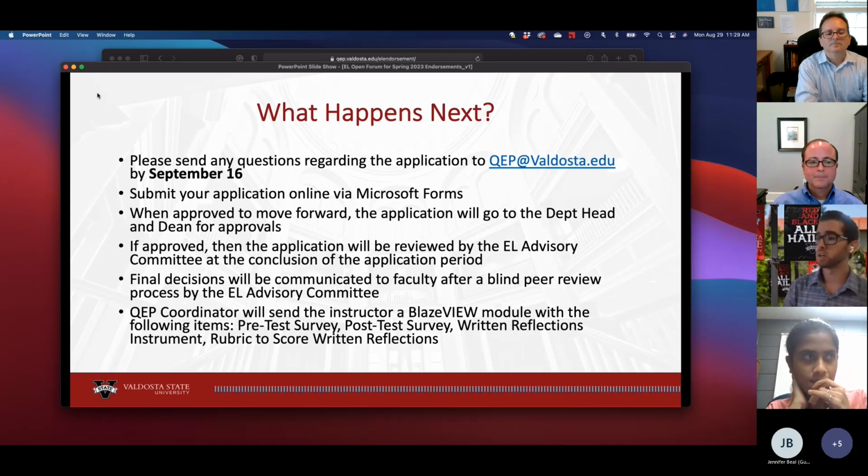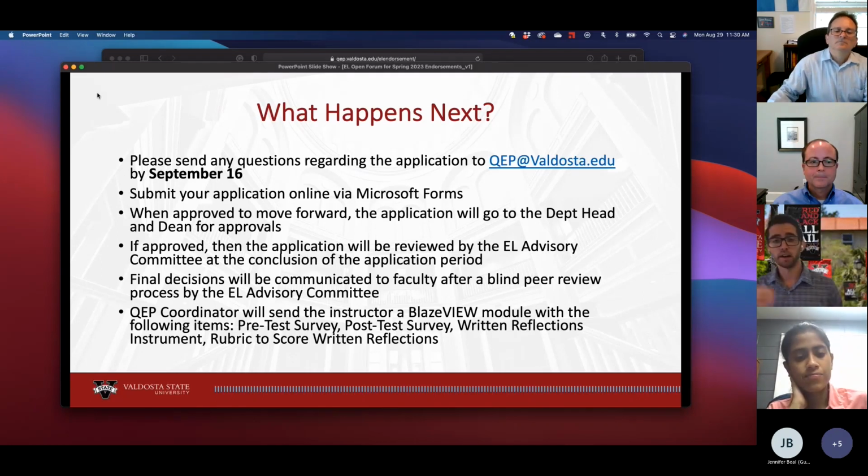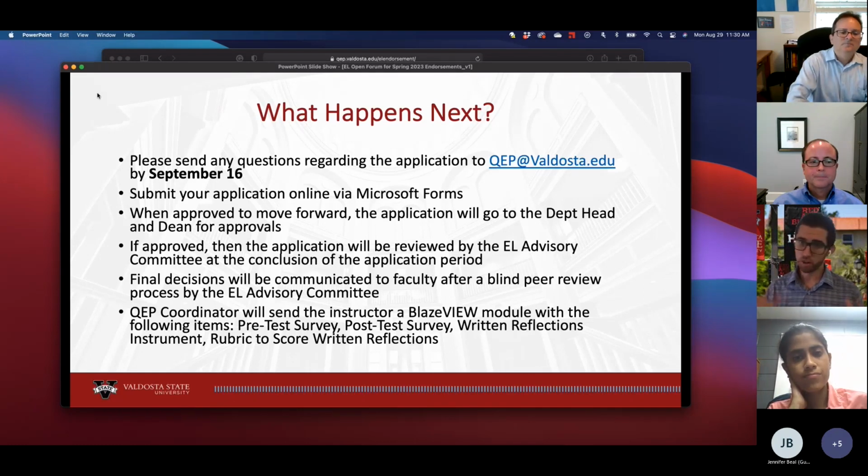From there, it will go on to the Experiential Learning Advisory Committee. It goes through a blind peer review process at that point. So the reviewers do not know who each other are. Nobody really knows who has what to review.